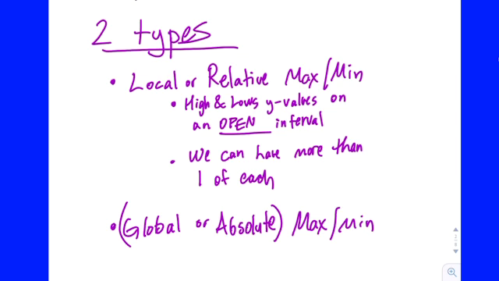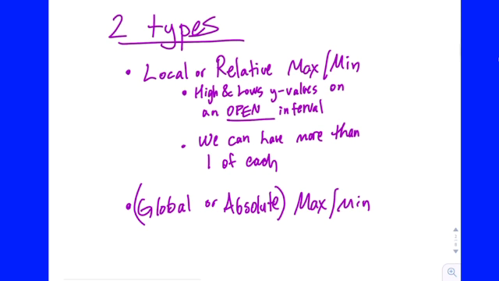So the global max is the same as the absolute max. But because I put them in parentheses, that means that you don't even have to say what type they are. So if I just said maximum value or max, you would then interpret it as the global max or the absolute max. If you want to refer to the local max or the relative max, you have to say local max or relative max, because if you don't qualify it, everyone's going to assume it's the global or absolute.